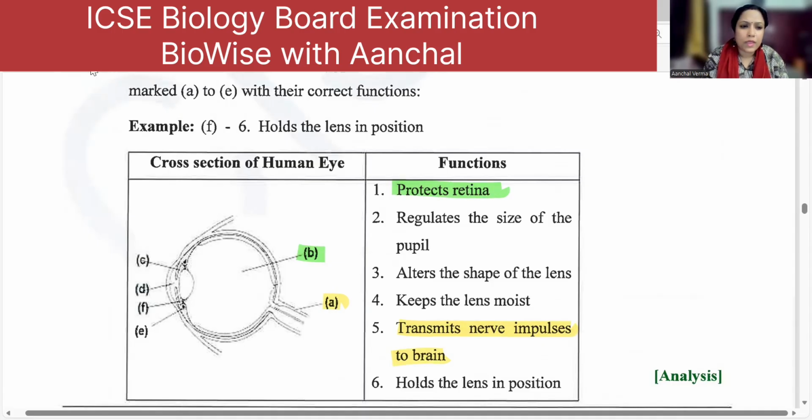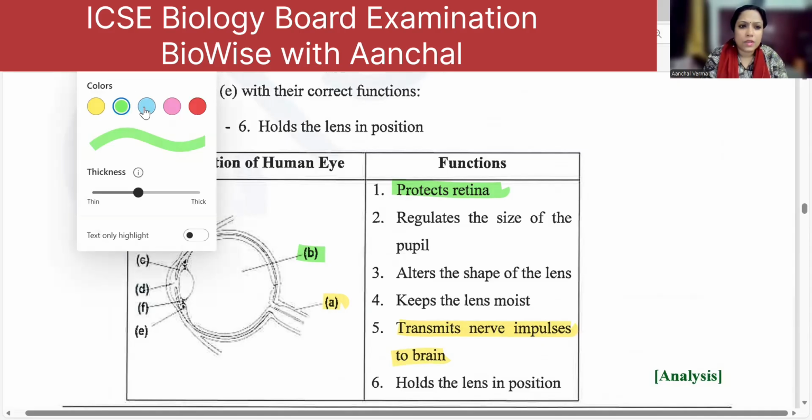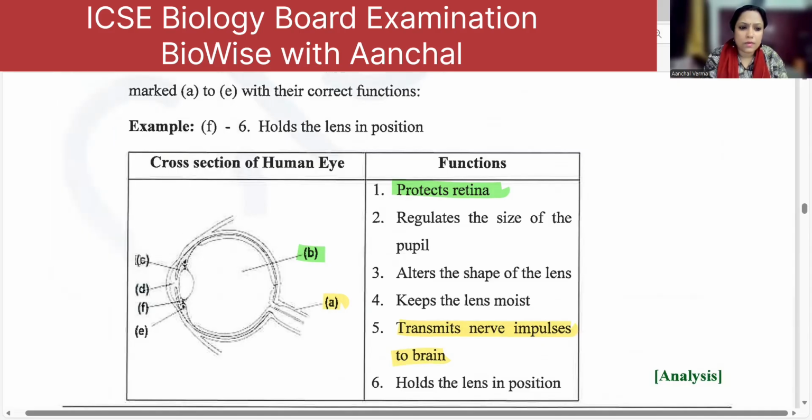Okay. Then you have C. What is C doing? C is the, I think it is the suspensory ligament, right? It regulates the size of the lens. C alters the shape of the lens, right?